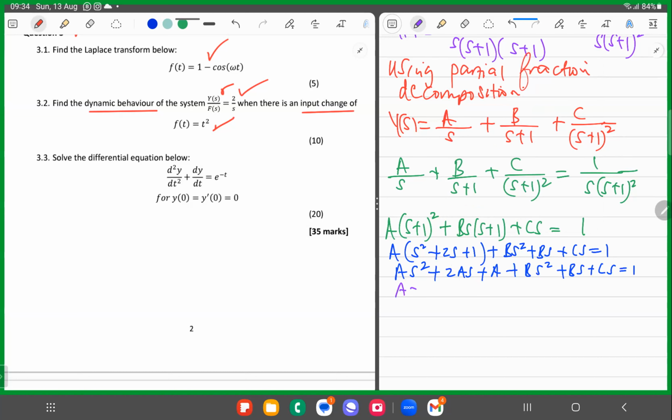So which means you have A plus B, 2A plus B. You dealt with this, the B, and then you must deal with the C. So you must just say here plus C.